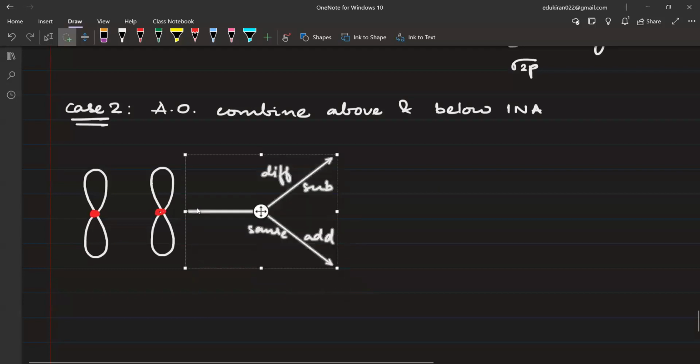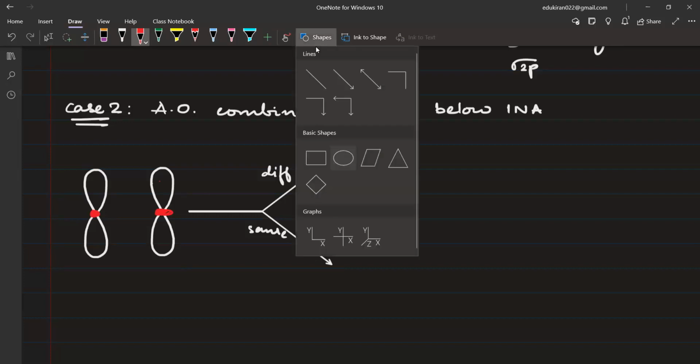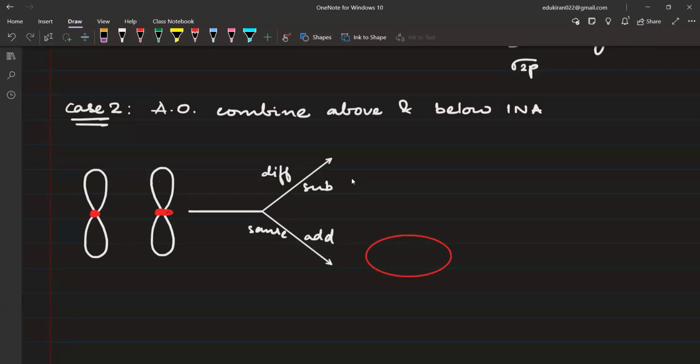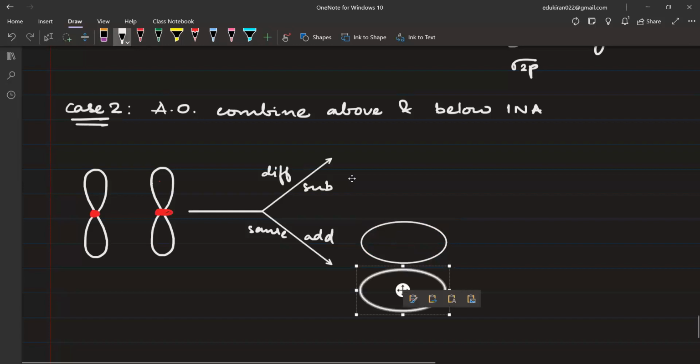अब तक आप लोग को थोड़ा अंदाजा हो जाना चाहिए कि what is going to actually happen. So what is going to actually happen is that, see, here we are not having any electron density, ठीक है ना, so both of these are going to combine और फिर उसी तरह से बिल्कुल क्या बना लेंगे, a big bulge like this, ठीक है, and a similar bulb below the internuclear axis.